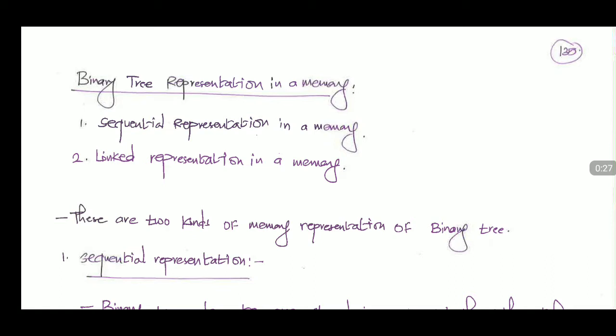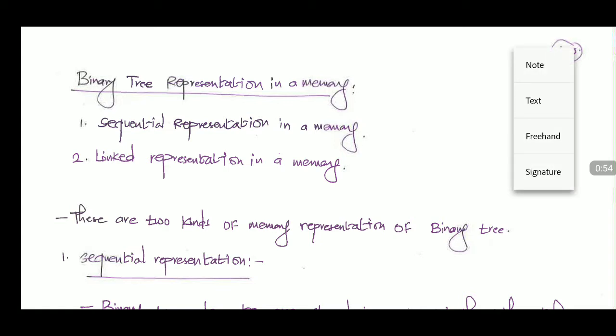In this non-linear data structure, the elements are organized in the fashion of parent and child. Moreover, a binary tree is a directed graph in which every node has at most two child nodes.